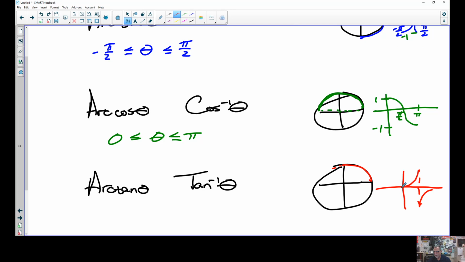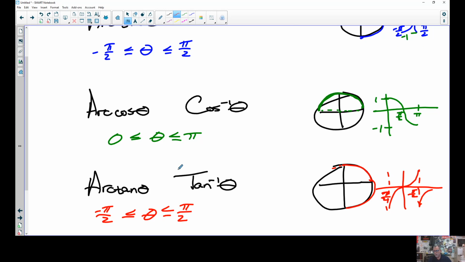So it's easier to get an unbroken interval by going from negative pi over 2 to pi over 2. Again, doing this because we don't get any place that it's undefined in that entire interval. So here we're going to use the same thing we did with sine, where everything is between negative pi over 2 and pi over 2. You'll get all values that are possible for tangent.